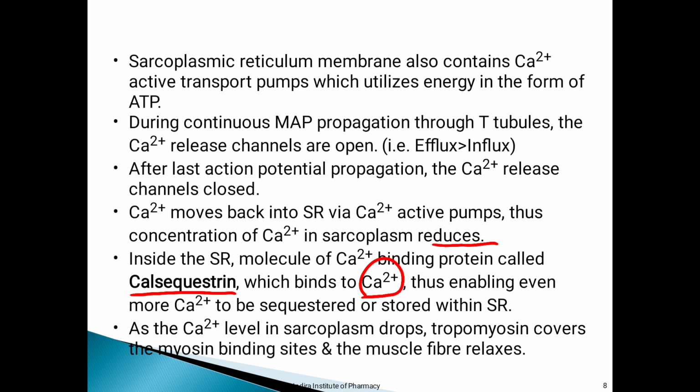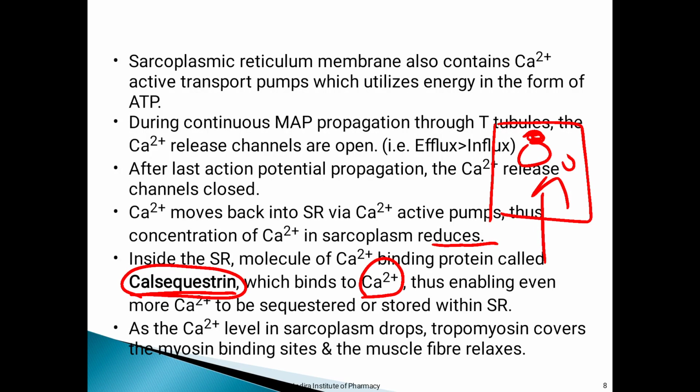So when the calcium moves in, it binds to this protein called calsequestrin, and thus more calcium will be stored in the sarcoplasmic reticulum.